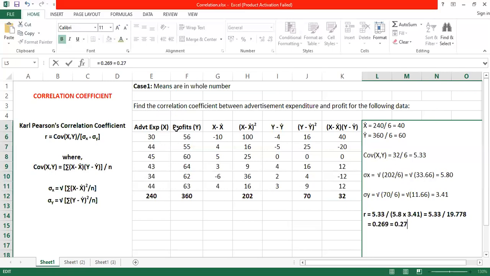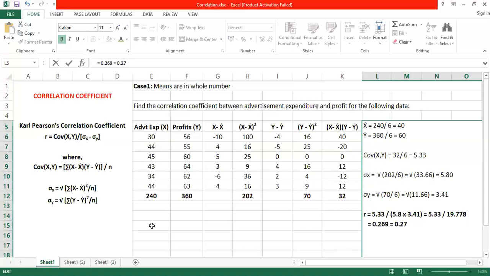Meaning of positively related: if x increases, y will also increase. If x decreases, y will also decrease. That means their movement will be in the similar direction. Lastly, we are supposed to give the degree of correlation, which is 0.27, right? So the degree of correlation is 0.27.